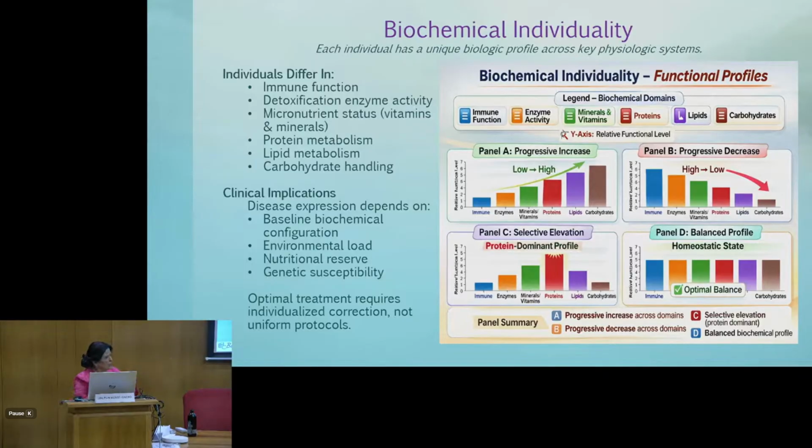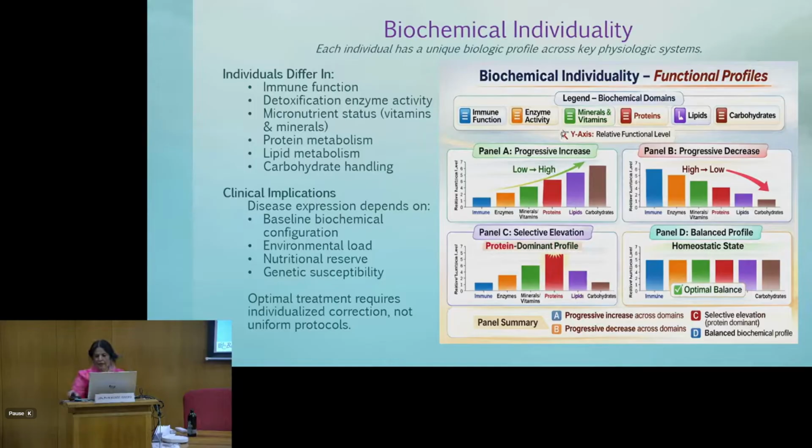That person has a full deck of all the systems, including the immune function, enzyme activity, minerals, vitamins, proteins, lipids, and carbohydrates, versus this patient in panel A. Look, they have a poor immune system, poor detox enzyme system, and they are low in their vitamins and minerals, low in proteins. So this person is the perfect individual who's going to develop the disease process.